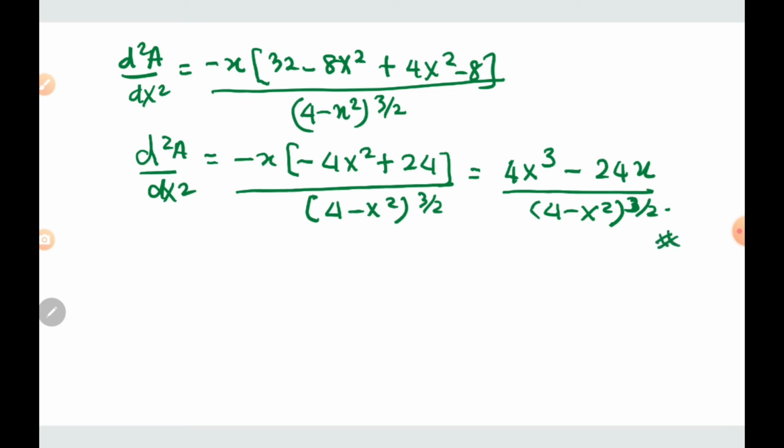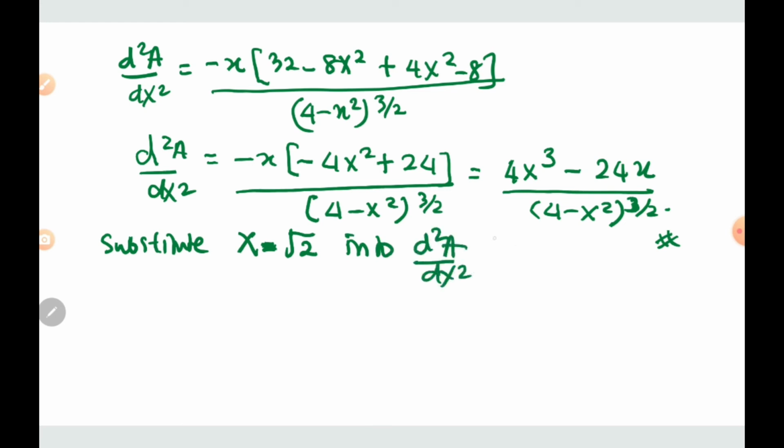After we get the second derivative, we will substitute the critical value that we have, that is x equals √2, into d²A/dx², and we want to show that after we substitute x equals √2, the answer is a negative value, to get the maximum area.